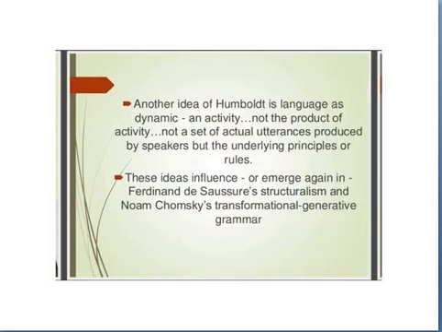Another idea of Humboldt is language as a dynamic activity, not the product of activity, not a set of actual utterances used by speakers, but the underlying principles or rules. These ideas emerge again in Ferdinand de Saussure's structuralism and Noam Chomsky's transformational generative grammar.